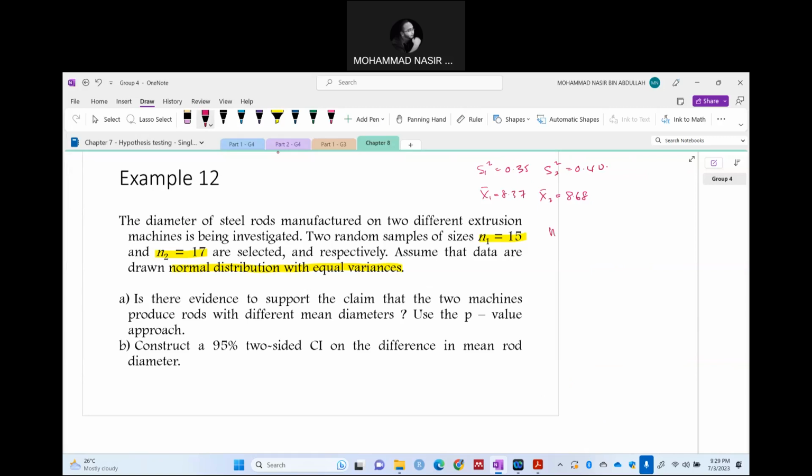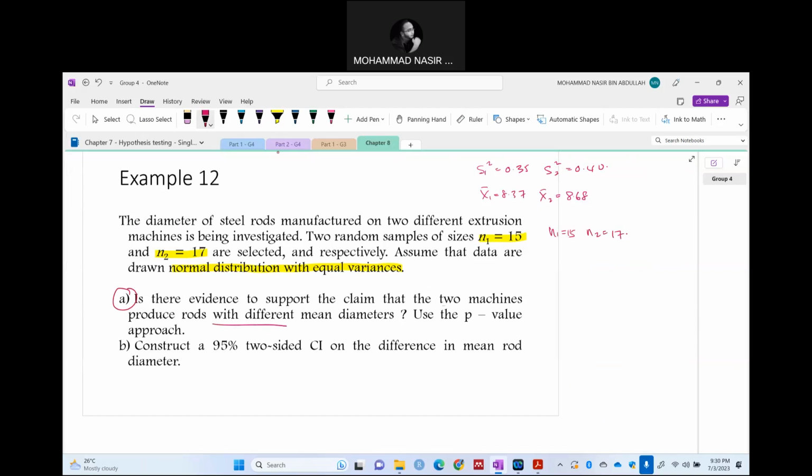Okay, so we know that n1 equal to 15 and n2 equal to 17. The question is, is there any evidence to support the claim that the two machines produce rods with different mean diameters?